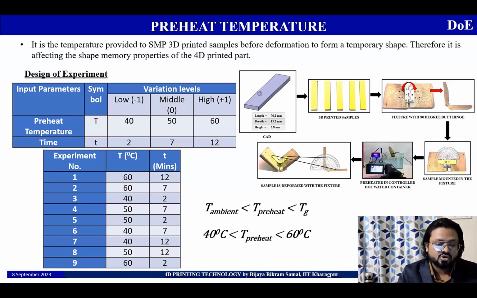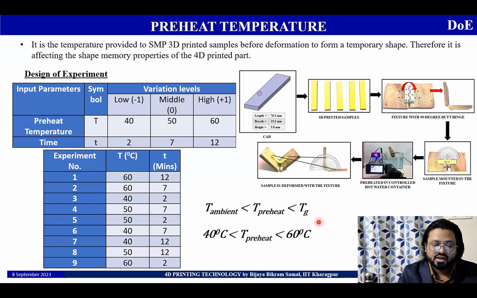And here we have considered two process parameters: one is preheat temperature and the second is time. We have varied the temperature from 40 to 60 because we don't want to go beyond Tg, the glass transition temperature. If we go near Tg or above Tg, then recovery will take place.